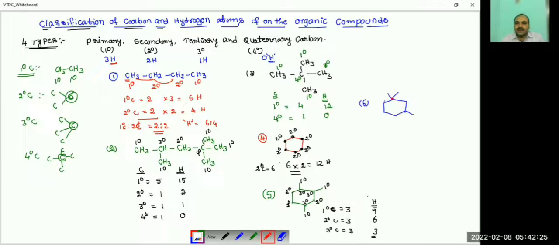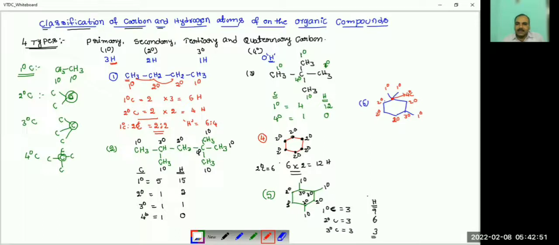this carbon is bonded with 4 carbon atoms. This is the quaternary carbon. And this one is secondary carbon, tertiary carbon, secondary carbon, secondary carbon, and this is the secondary carbon. This one is the primary, and these two are also primary carbon atoms.